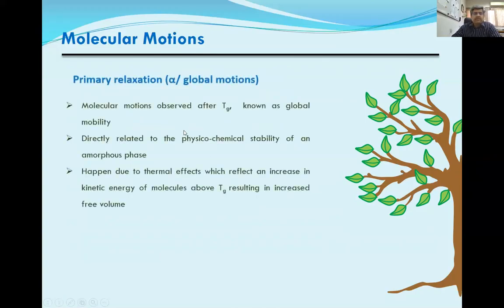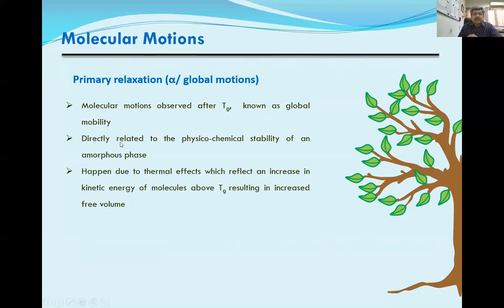That is why we call them local motions. Now, in comparison to this, the primary alpha relaxations involve the entire branches as well as the leaves. So you can see the branches are moving as well as the leaves. These molecular motions are observed above the Tg and they are known as global mobility because the entire tree was in fact moving when we saw the animation.